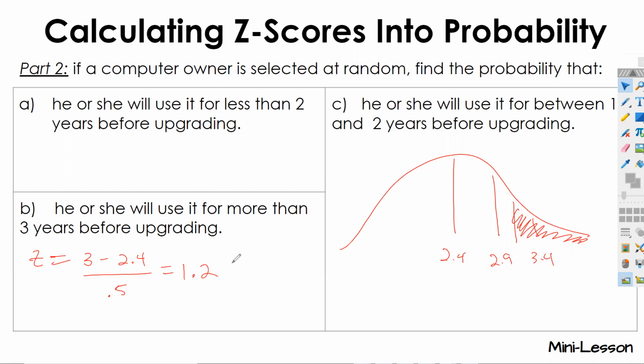So now we're going to go to our z-score table, and we're going to find our proportion. Okay, so once you get that down, go ahead and use your z-score table. You're going to use page 20 this time because it's positive. You're going to go down to where it says 1.2 and go to the right one time over.